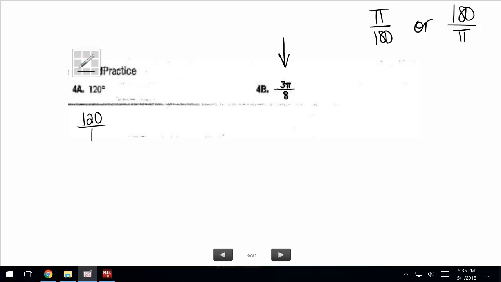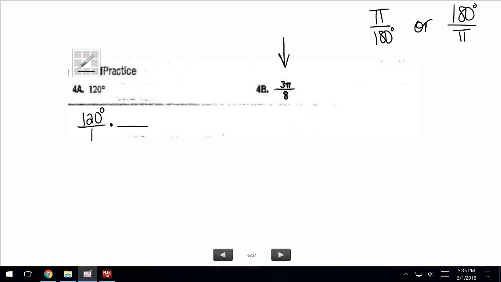Those are your only choices, guys. This is 180 degrees, and this is 180 degrees, okay? So this is 120 degrees, and you're going to multiply by one of those two. You do not have any other choice.